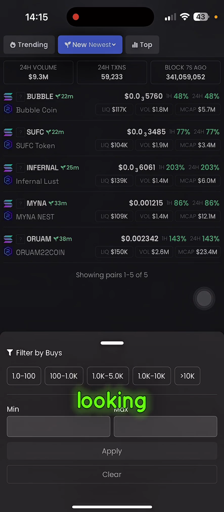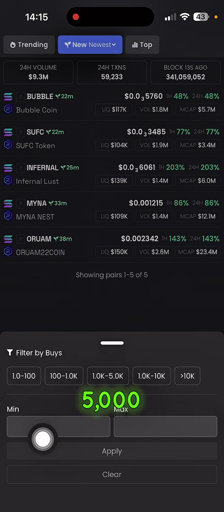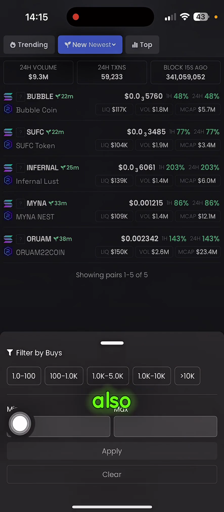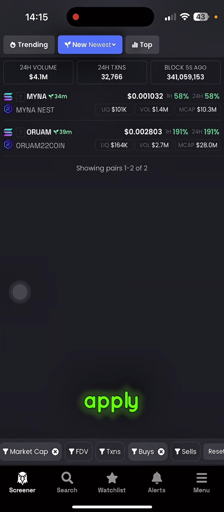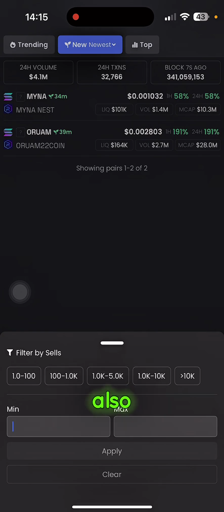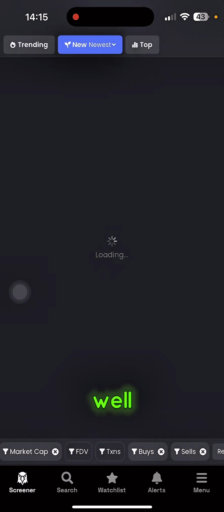That's the more reason I'm looking for a volume on the buy side of about 5,000. Okay, and also a sell side of about 5,000. So I'll do that for the buys and then I will click on apply, and I also do the same for the sells for a minimum of about 5,000 as well.